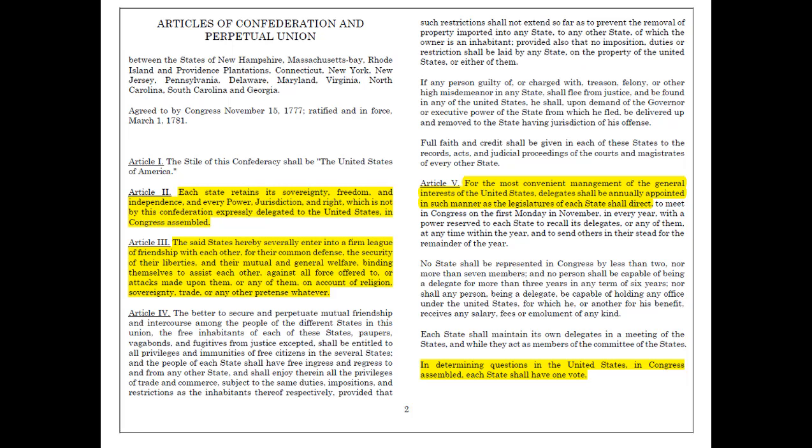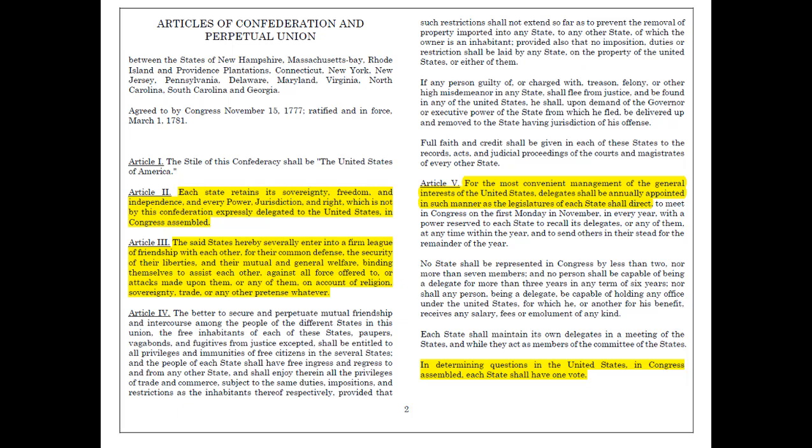Notice, too, in Article 3, that we're not creating a national government, we're merely creating, it says, a firm league of friendship with each other for common defense, security of liberties, mutual and general welfare, binding themselves to assist each other against all force offered to or attacks made upon them, or any of them on account of religion, sovereignty, trade, or any other pretense whatever.